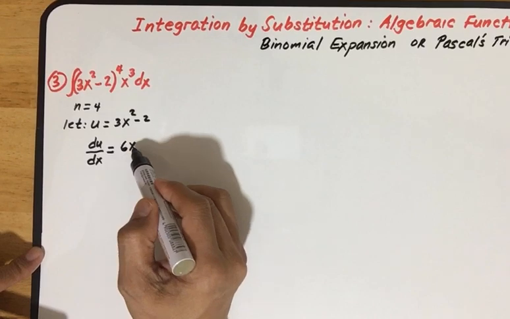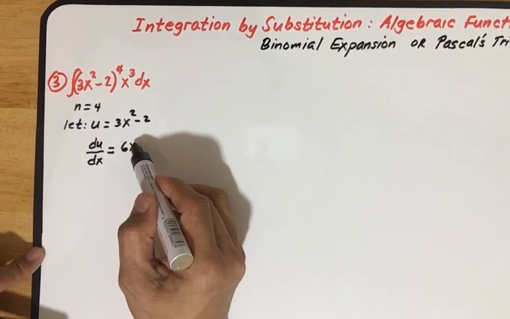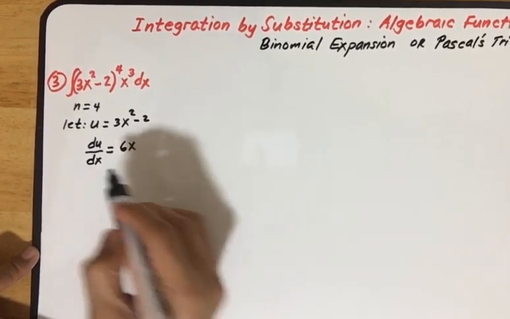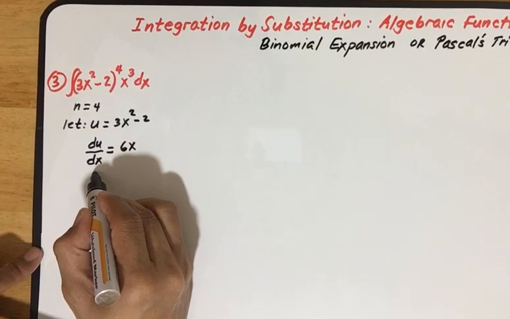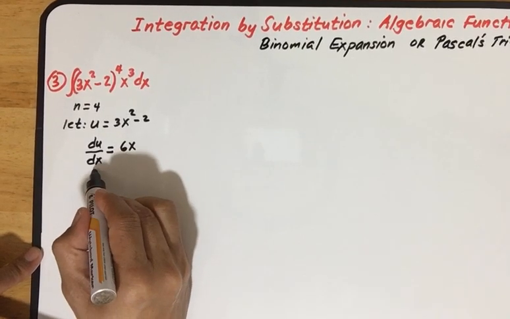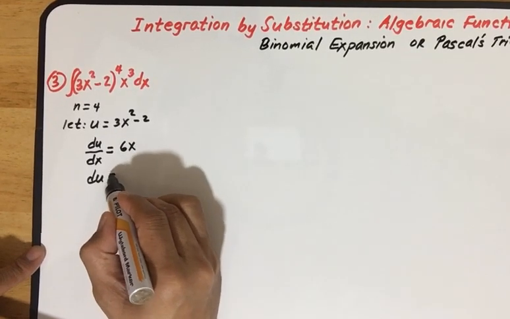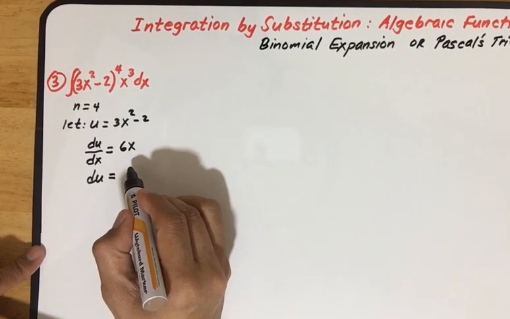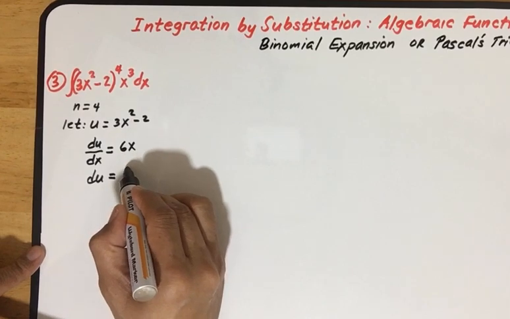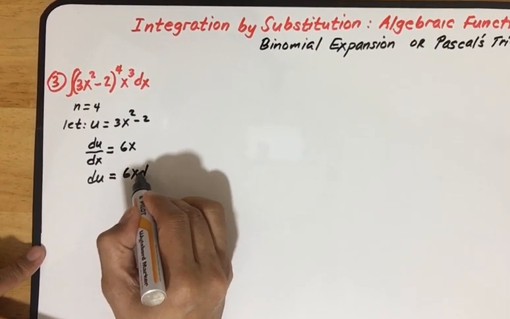So 6x to the power 2 minus 1, so power 1. So this is du over dx. Then solving for du, you multiply both sides by dx, or you simply cross multiply. So you have du equals 6x dx.